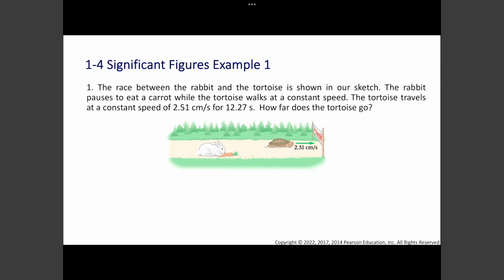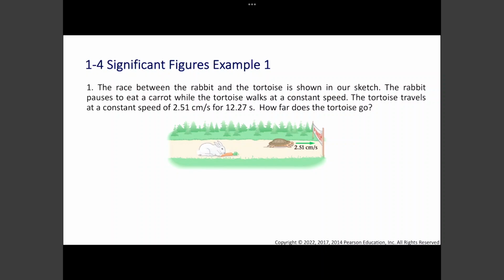So the rabbit pauses to eat a carrot while the tortoise walks at a constant speed. The tortoise travels at a constant speed of 2.51 centimeters per second for 12.27 seconds. Now you are asked to find the distance the tortoise goes.